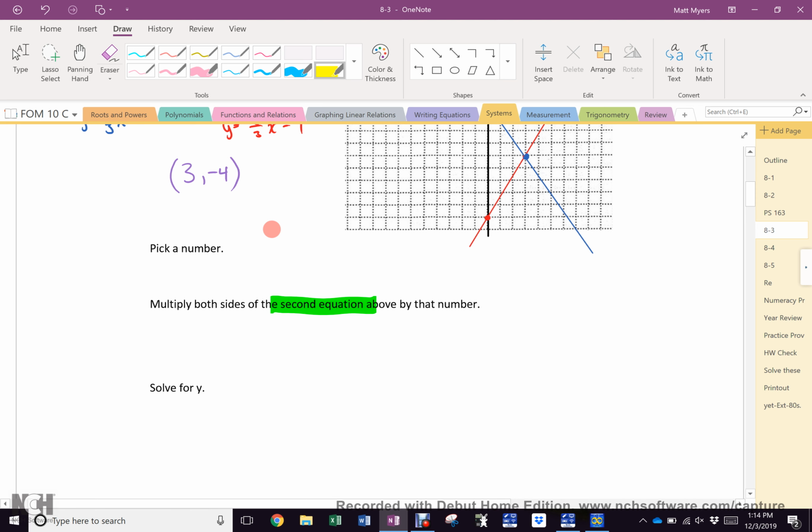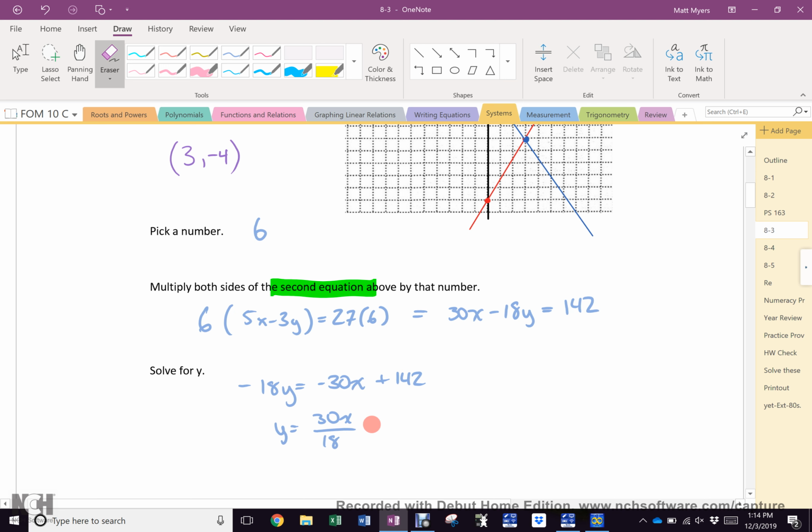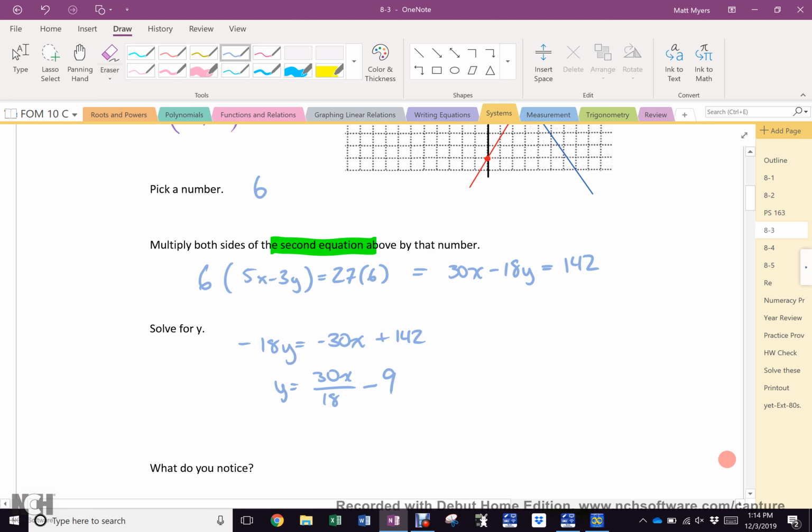Lovely. And when you do all this work, what do you notice?